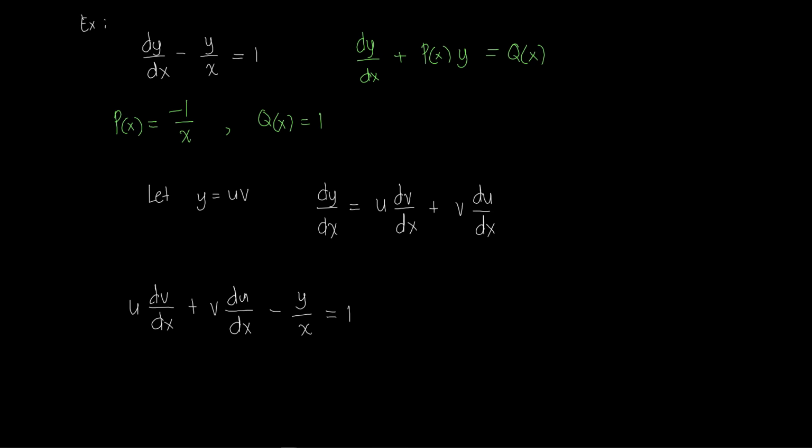We are done with step 1. Then there's one more thing: we forgot to substitute u and v for our y. So let's replace this with u, v as well. Okay, then we are done with step 1.